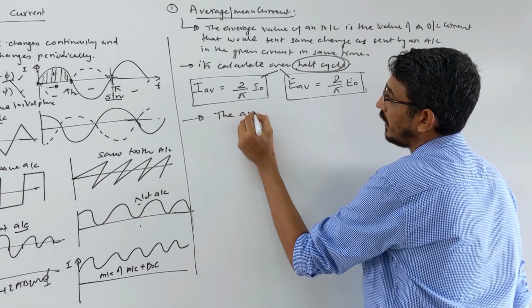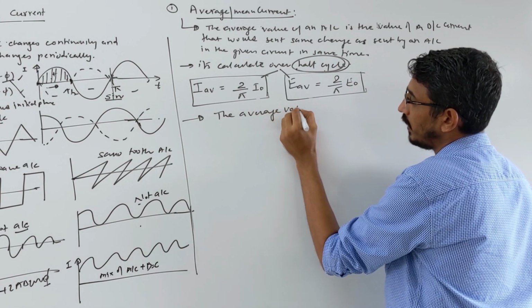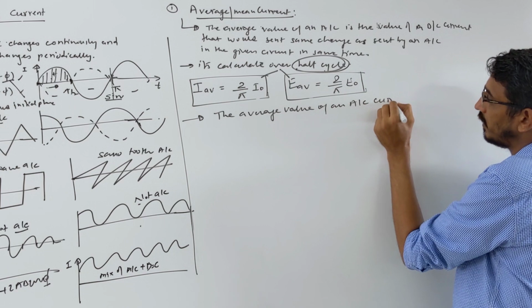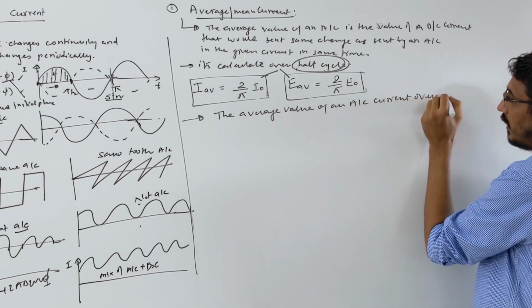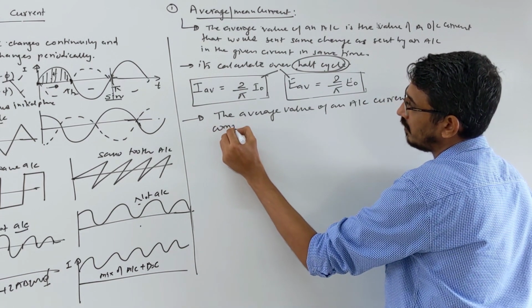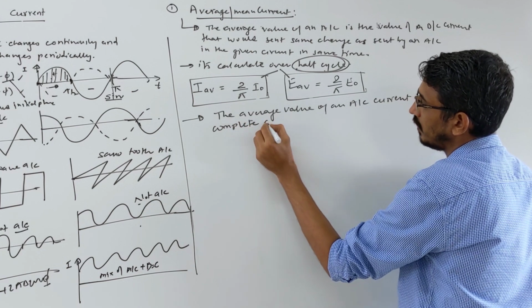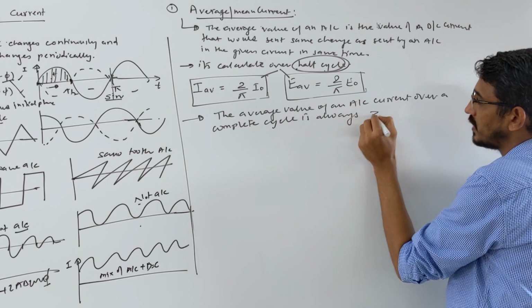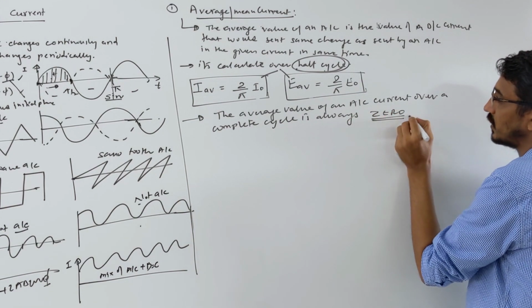Let's write it here. The average value of an AC current over a complete cycle is always 0. Please focus on this.